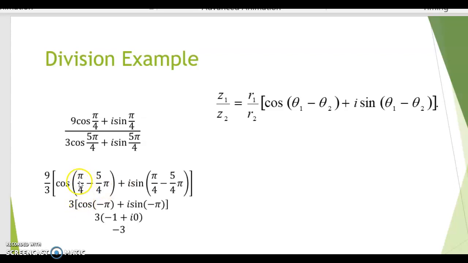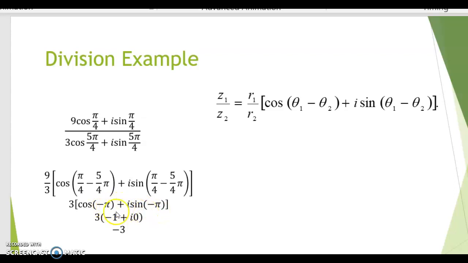Pi by 4 is the same thing as 1/4 pi. So 1 minus 5 is negative 4. Holding on to our common denominator of 4, negative 4 over 4 gives us negative 1 pi, which of course we write as just negative pi with the 1 understood. Same subtraction problem again in the other parentheses, so the same answer.